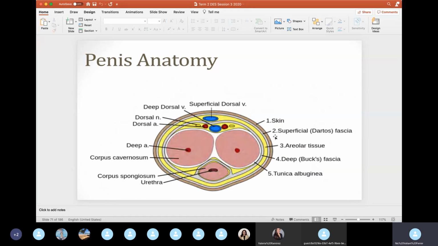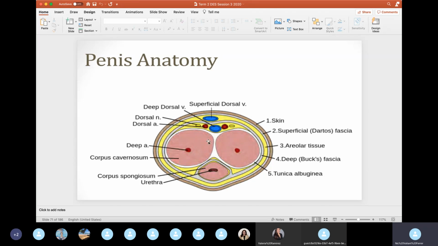Okay, here. What's high yield here? So remember your corpora cavernosa. They are enclosed by what? Tunica albuginea. So your corpora cavernosa, there's two of them. They're enclosed by tunica albuginea. Another high yield point.